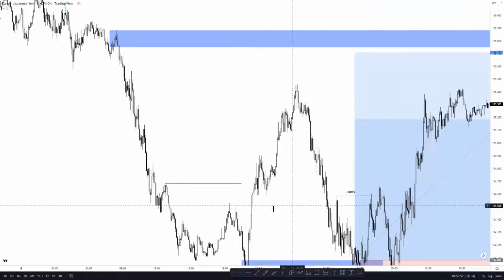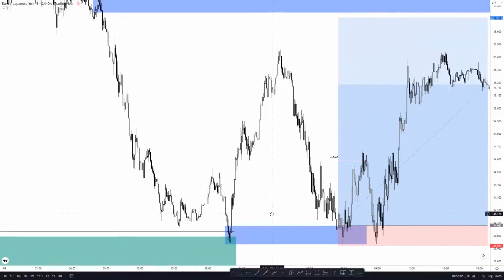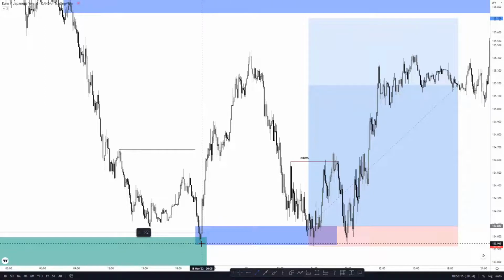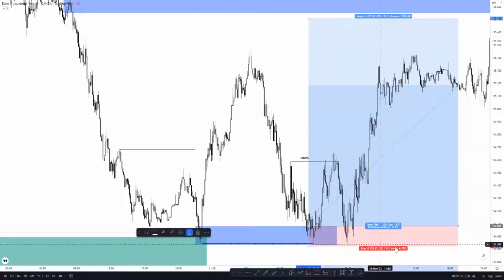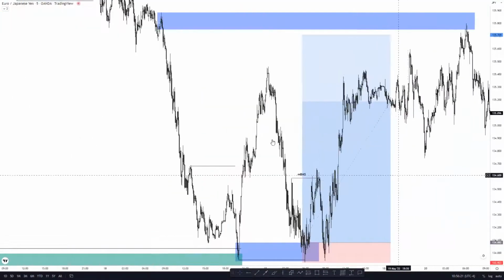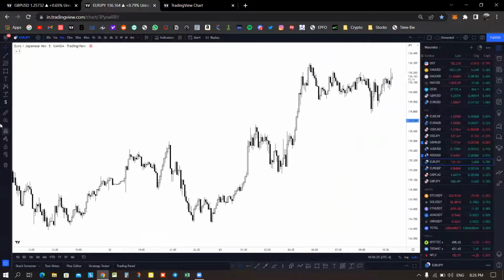And what happened exactly here is price came here, tapped the zone, then again gave an up move, then again came here and tapped the zone and also took out the zone as well, and literally hit the TP. So that's how I choose.